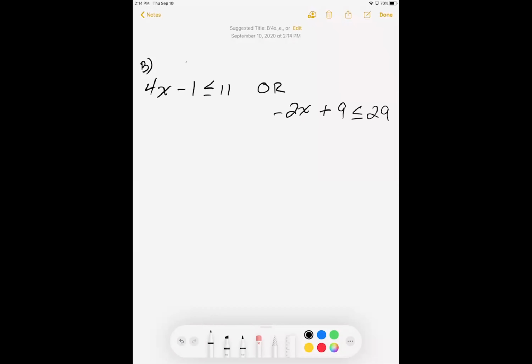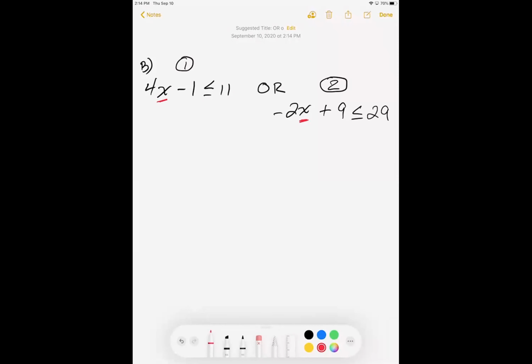Like I mentioned, whenever you see the word OR, just imagine you have two different problems. You need to solve for x. We need to get x by itself for this item, and for this item too. That is our goal. And hopefully you see that this is an easy problem. Why? You know that I need to get rid of the 1 first.